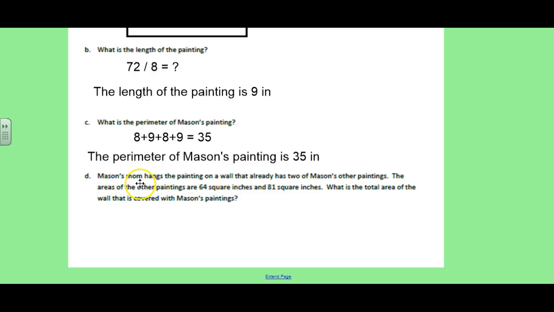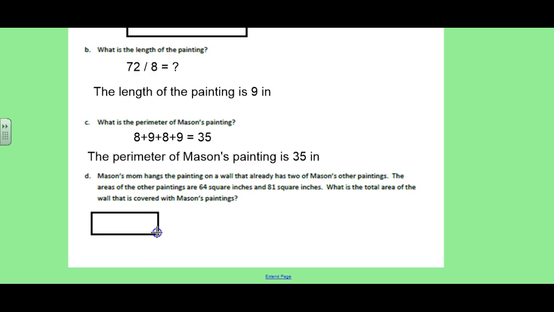Part D says Mason's mom hangs the painting on a wall that already has 2 of Mason's other paintings. The areas of the other paintings are 64 square inches and 81 square inches. So what is the total area of the wall that is covered with Mason's paintings? So far we've got 3 different paintings that we're going to be looking at.